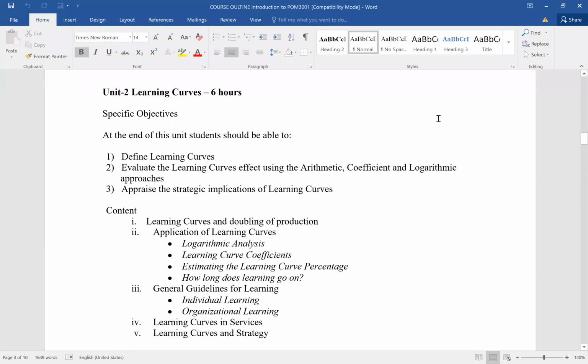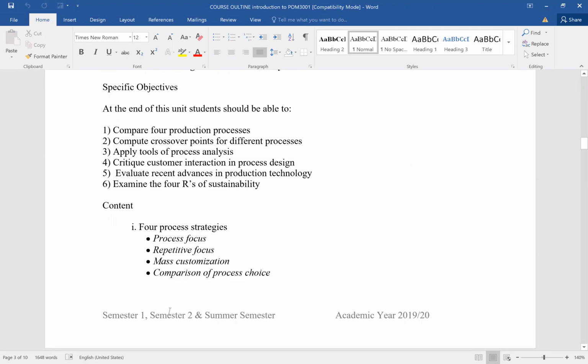We're going to talk about the arithmetic method, the coefficient method, and the logarithmic method, right? And we're going to appraise the strategic implications of learning curves, right? I'm going to look at learning curves in manufacturing as well as in the service industry, okay?